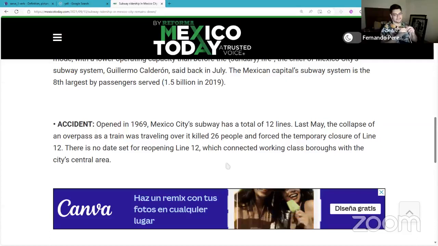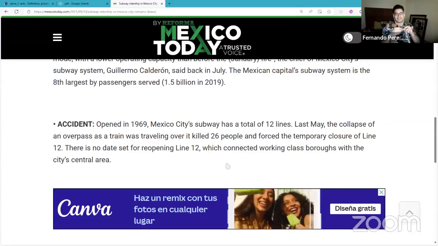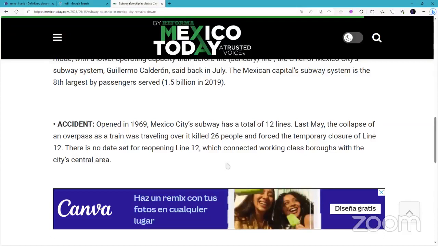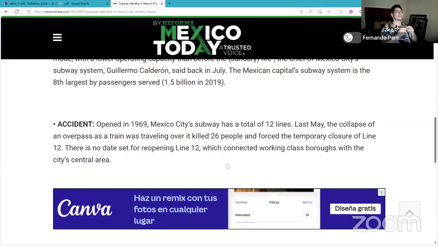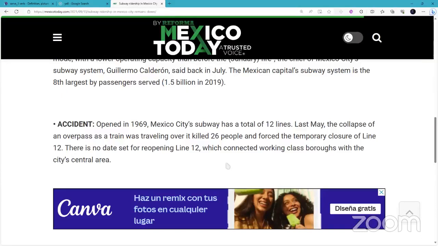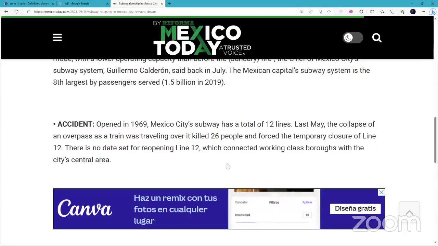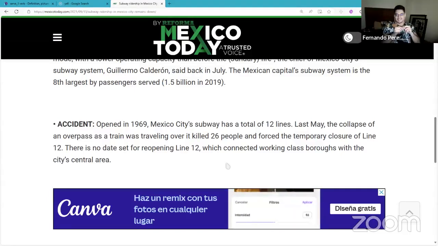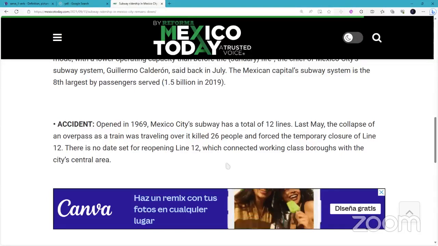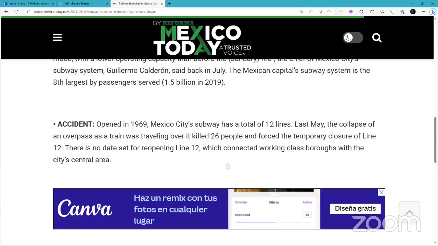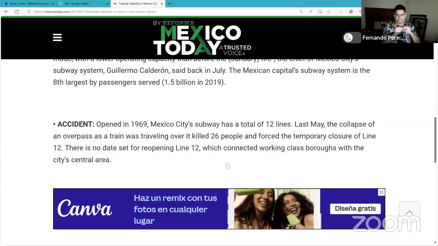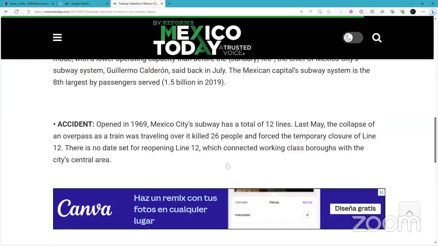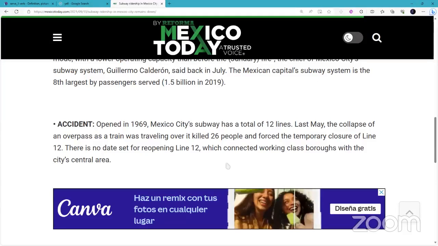Continue. Yes, and forced. What is the past of force? Forced, with the first temporary closure of line 12.